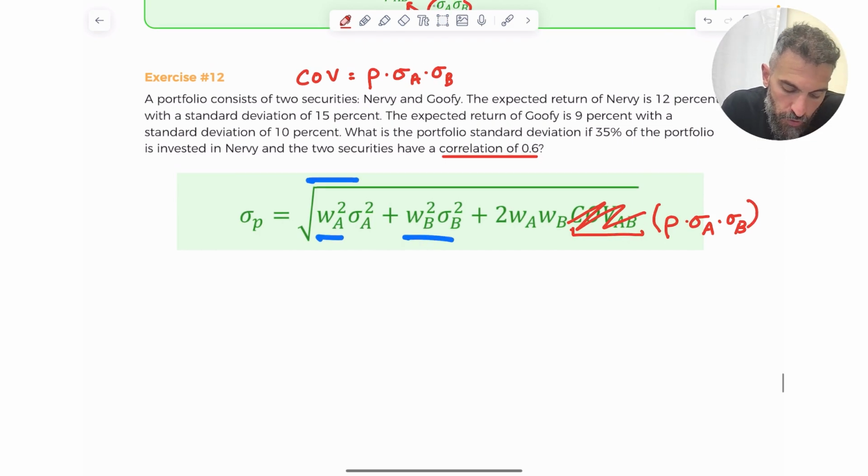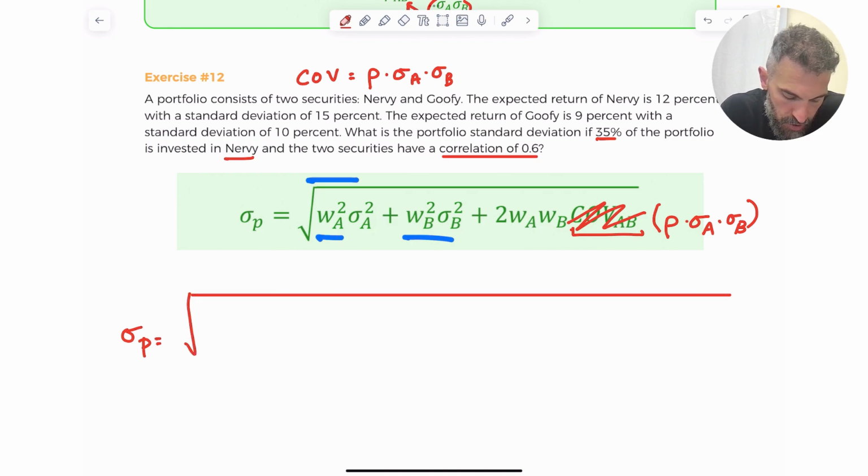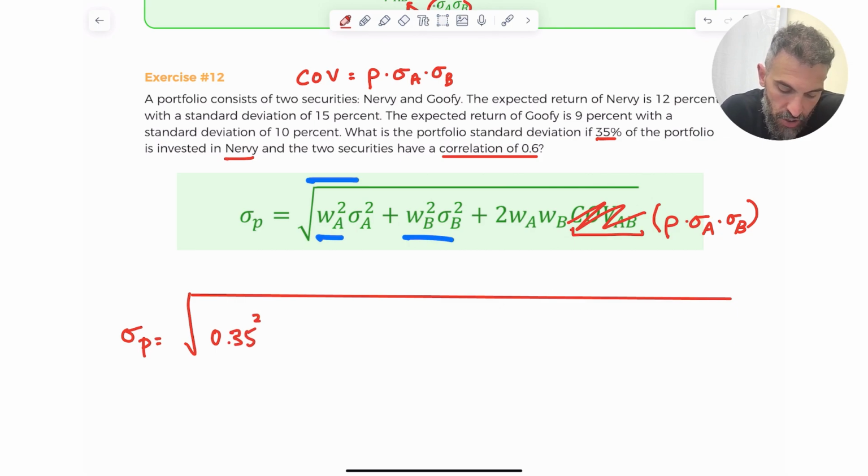So we know that 35% of the portfolio is invested in Nervy. So I'm going to start my standard deviation of portfolio. The first weight I have is 0.35 squared, and the standard deviation of Nervy is 15, so 0.15 squared.